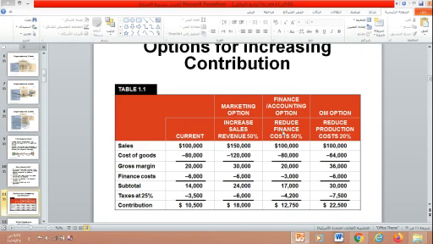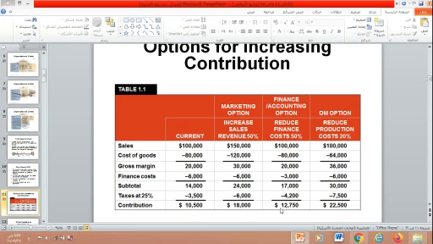Sales stay the same and cost of goods sold stays the same, so the gross margin is as the current, $20,000, but here we make a reduction of the financial costs, by effective management, so instead of $6,000 it becomes $3,000, so the subtotal is $17,000 minus the tax, so the contribution will be $12,750.